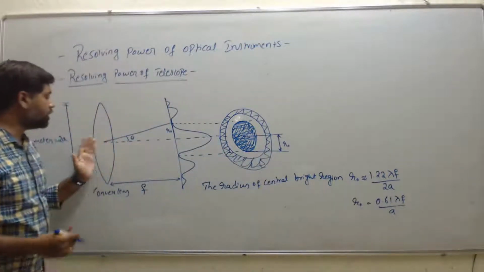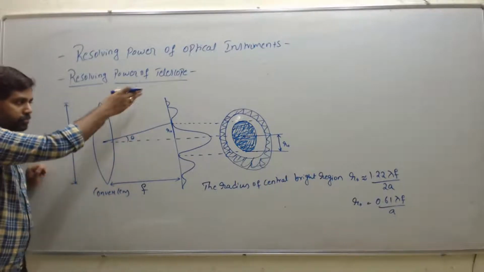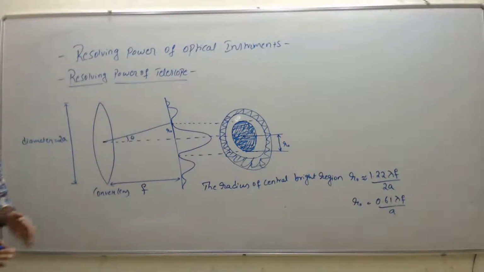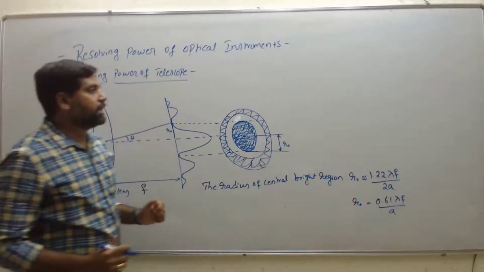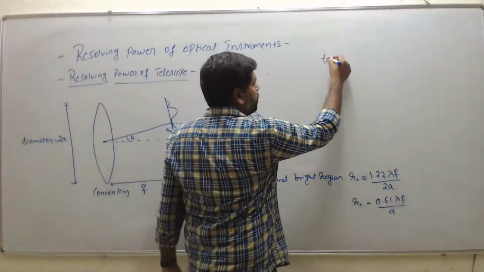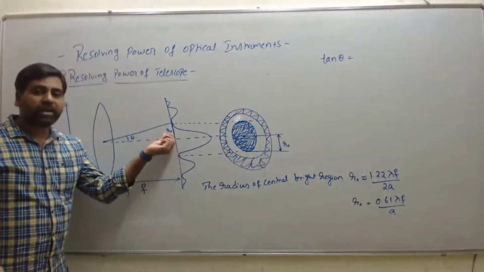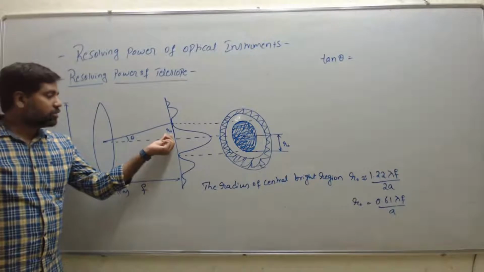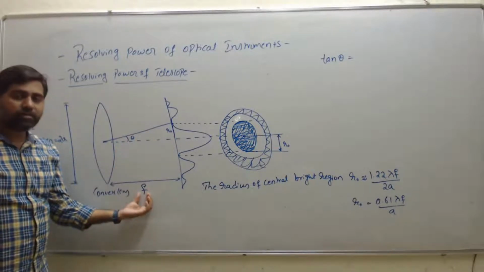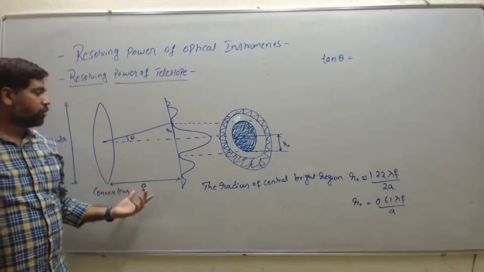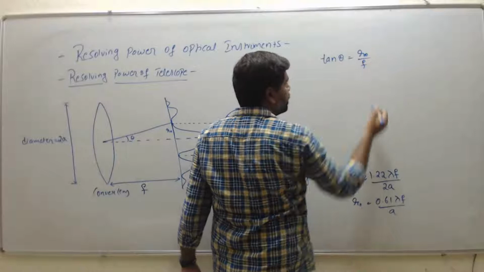Then if we resolve this point object, theta is the angle subtended by the bright region. If we write tan theta equals, opposite is the radius r naught, and the adjacent side is the focal length of the objective f, so r naught divided by f.